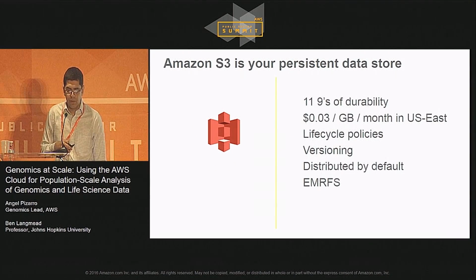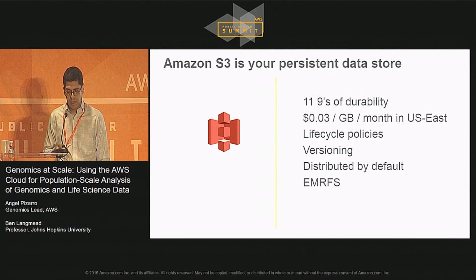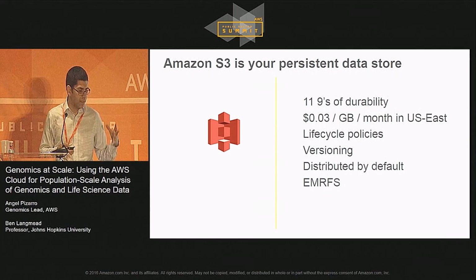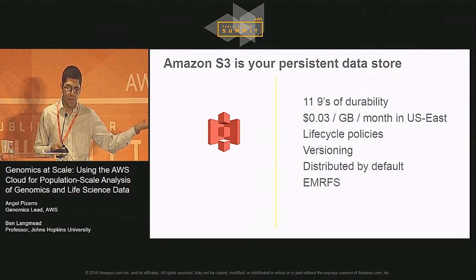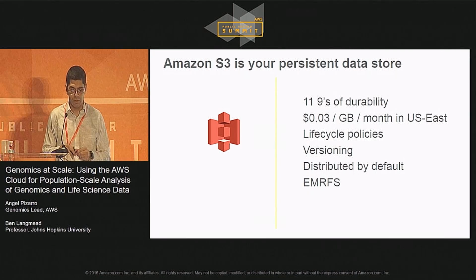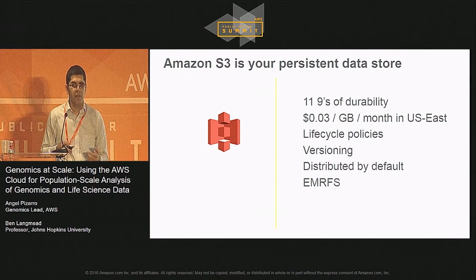In particular, we use Amazon S3 as our persistent data store. Within EMR, there are some reasons you want to use Amazon S3. First is the price. It's 3 cents per gigabyte per month, based on the US East region prices. There's 11 nines of durability, which means it's very resilient data. There are 3 copies of your data the minute you put it in there.